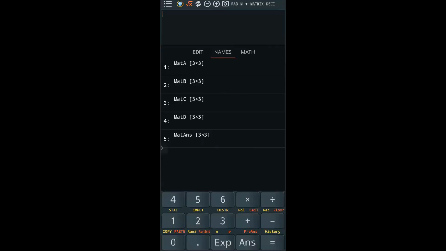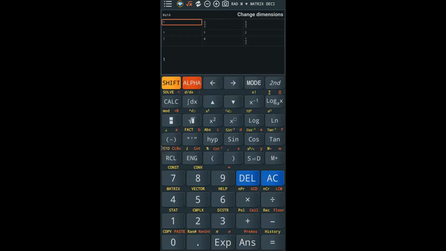So I'll go to edit, I'll go to matrix, matrix A. The rows are 1, 2, 3, then 1, 7, 4, then 1, 4, 6.